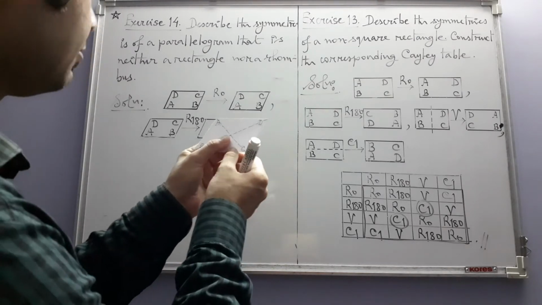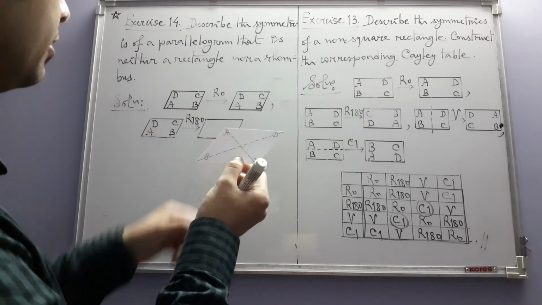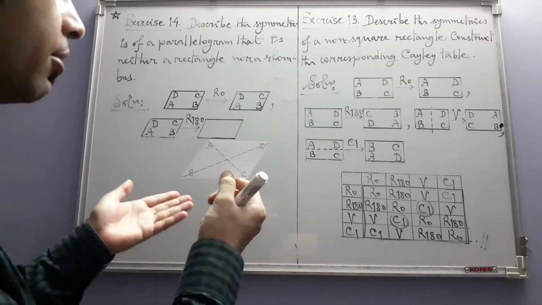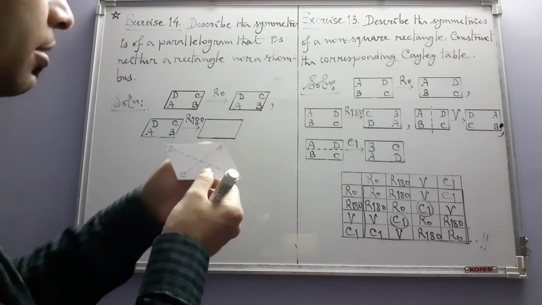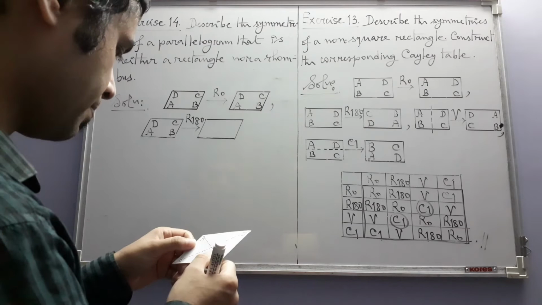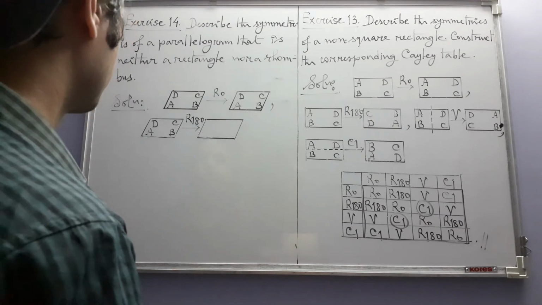So here we have a parallelogram that is neither a rectangle nor a rhombus. And, oh, did I, okay.